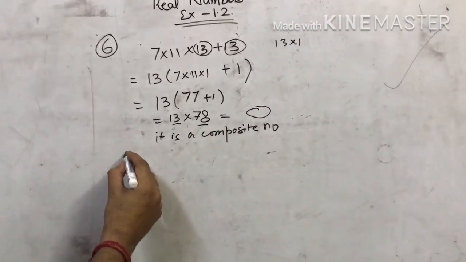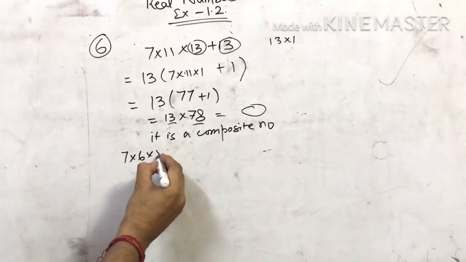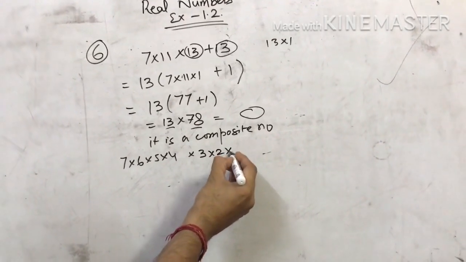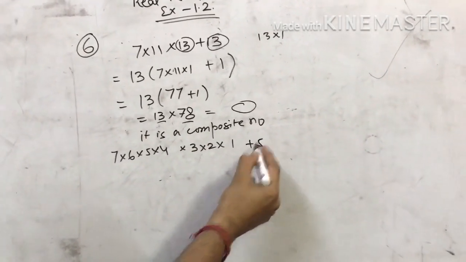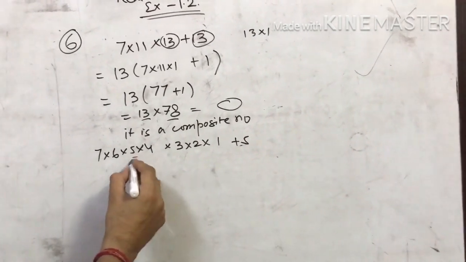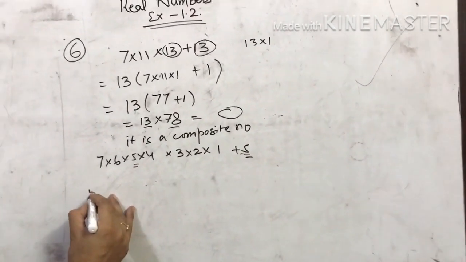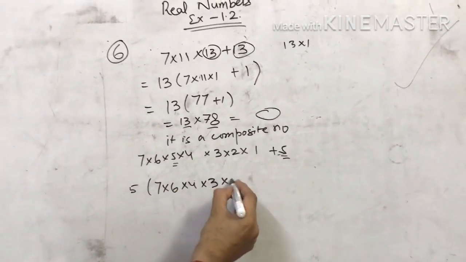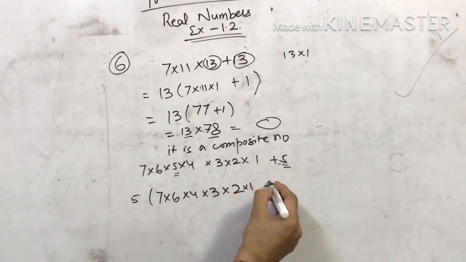And the second number is 7 into 6 into 5 into 4 into 3 into 2 into 1 plus 5. Now how will you prove that this is also a composite number? You can see 5 is common at both places. You can take 5 common: 7 into 6 into 4 into 3 into 2 into 1 plus 1.